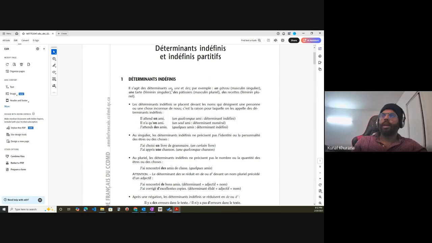These are three types: un, une, des. For example, un gâteau, une tarte, des pâtisseries, des recettes.